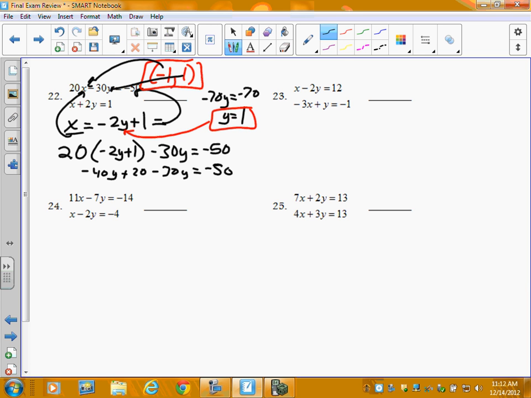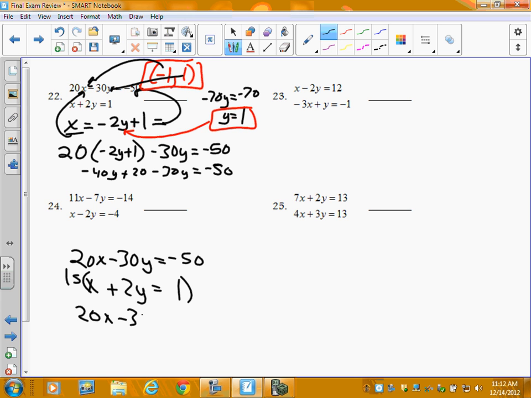So, often here, we start out with 20x minus 30y equals negative 50. We go x plus 2y equals 1, and it would have been just as good a strategy to multiply this by 15, because then I could go 20x minus 30y equals negative 50.